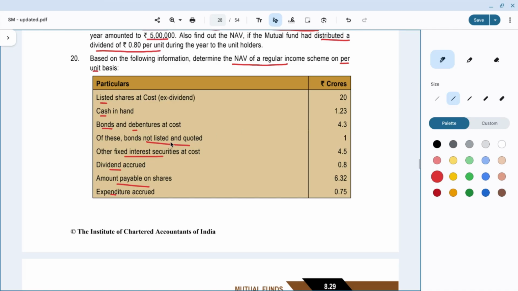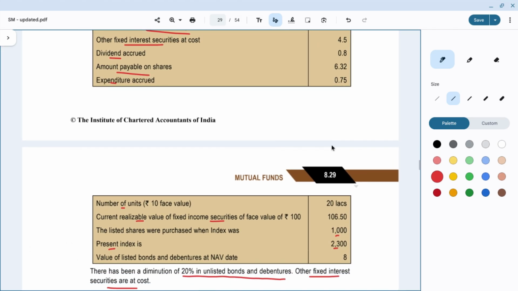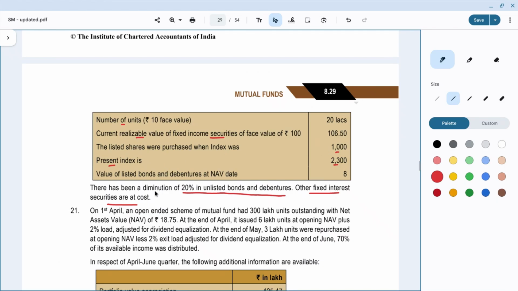Of this, bonds not listed and quoted is 1. So first we will see unlisted bonds. At cost it is 1, but there has been a diminution of 20% in unlisted bonds, right? So 1 into 20% diminution means 0.8.